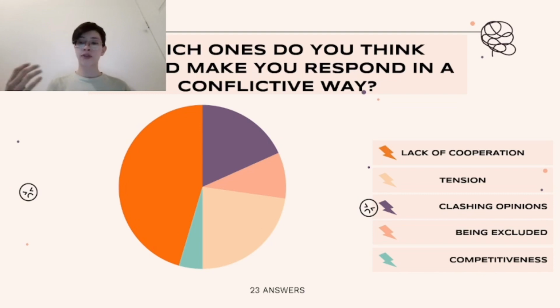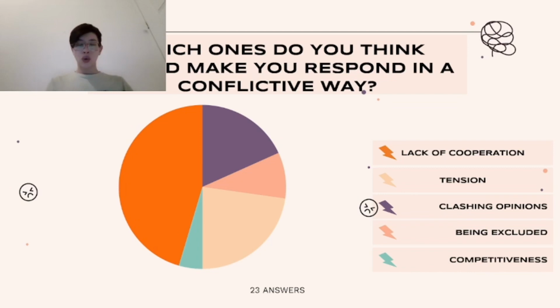The options were lack of cooperation, tension, clashing opinions, being excluded, and competitiveness. As you can see, some of these options are quite intertwined, like lack of cooperation, clashing opinions, and being excluded.